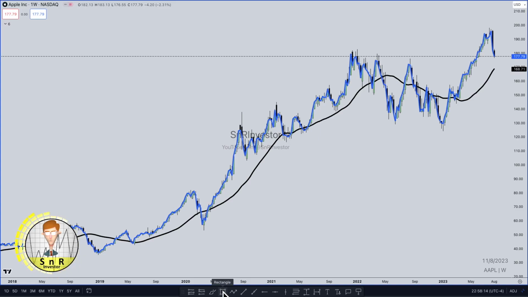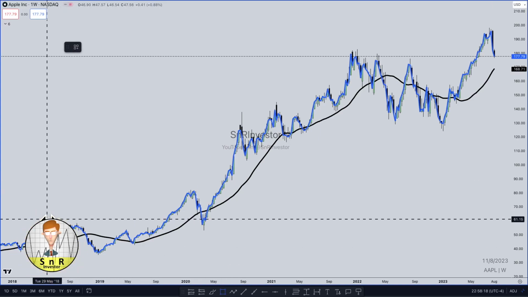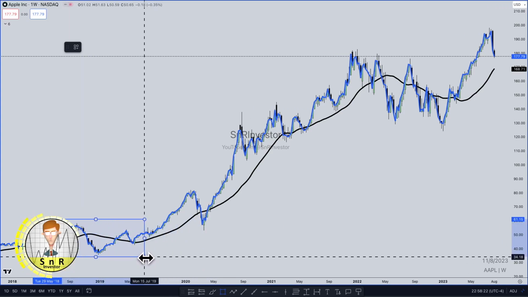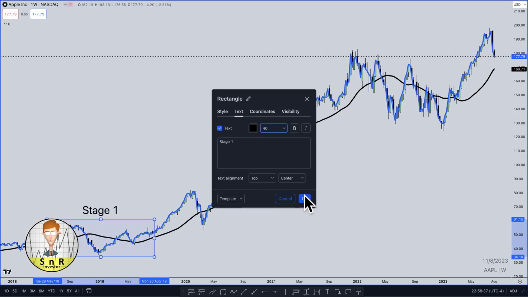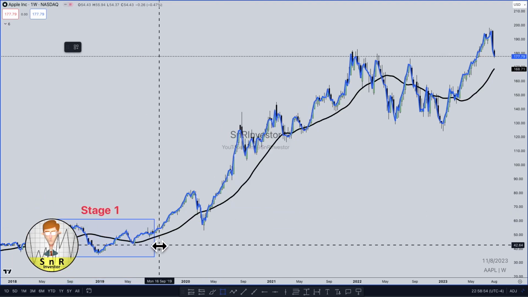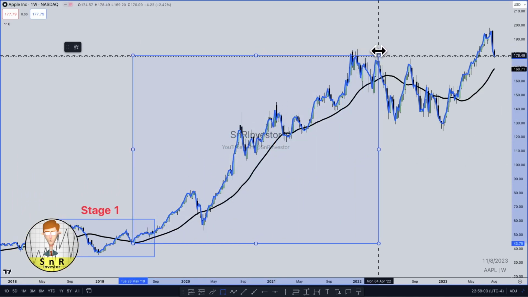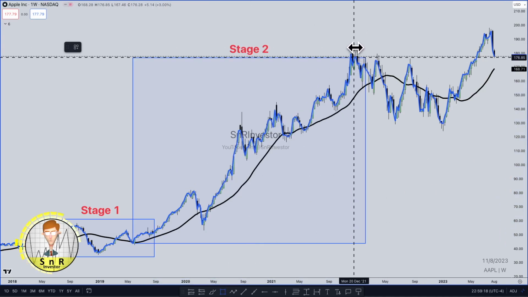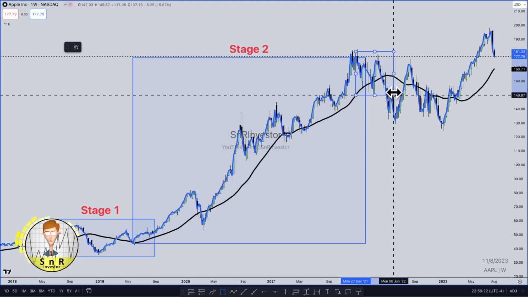So I will start to draw the boxes for different stages. So here you can see possibly the beginning of a stage 1. Here could be the start of stage 2. Then here we possibly have our stage 3.